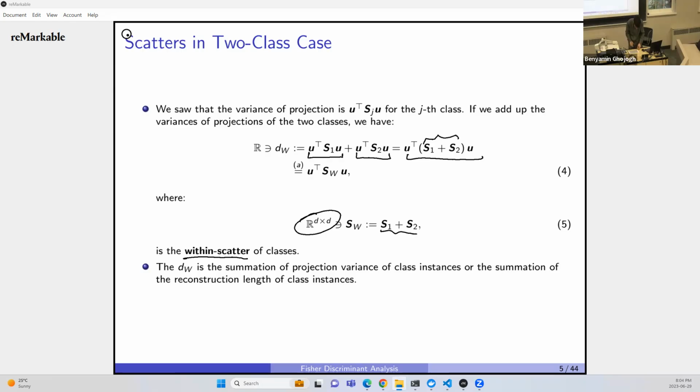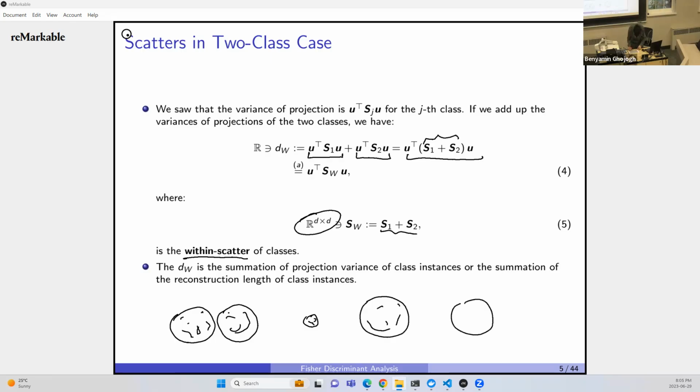Okay. Can you tell me this? Assume I have these two clouds of points. Three cases, for example.